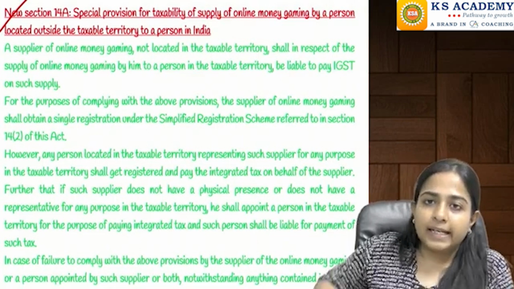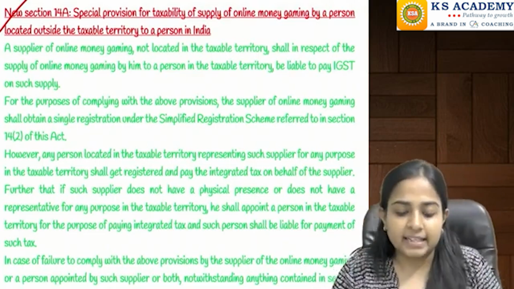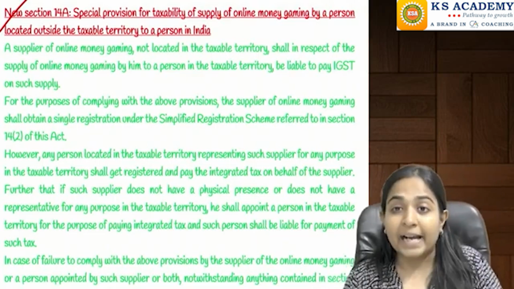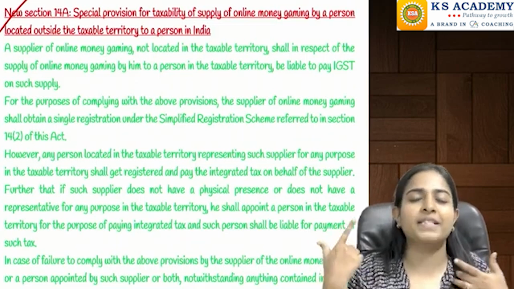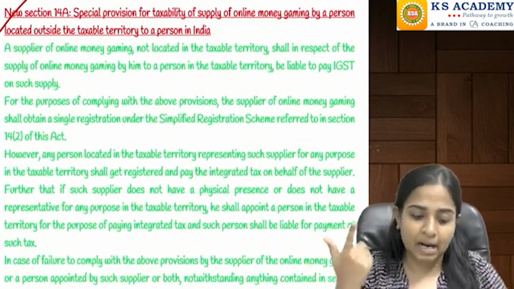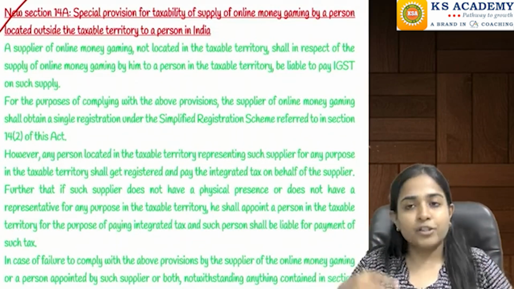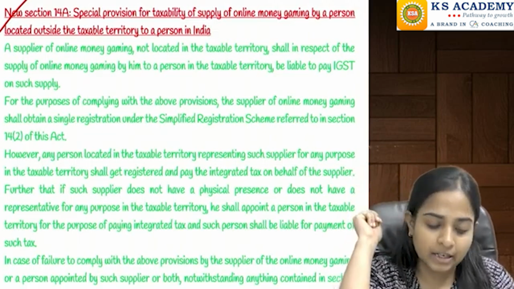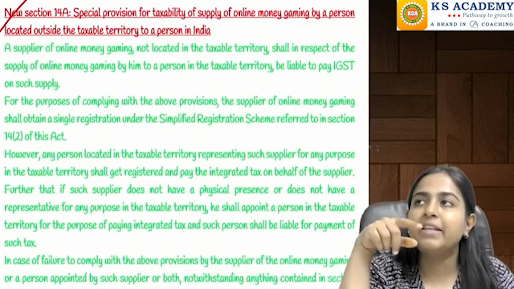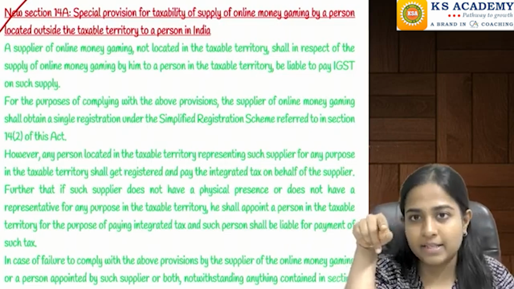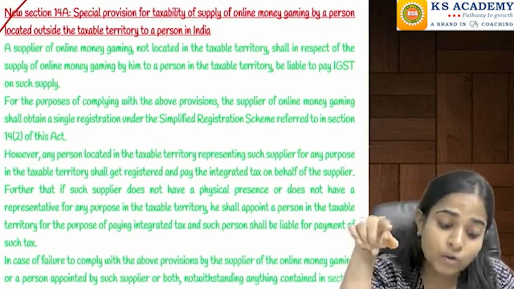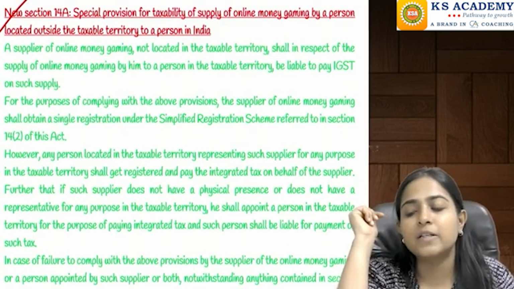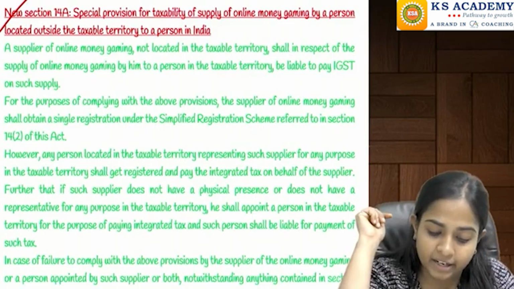Now, do you recollect about online gaming? We had studied that any supplier of those specified actionable claims, online gaming, etc., first of all, was now covered under the levy of GST. Now let's say there is a supplier of online gaming services, but that person is not located in the taxable territory.